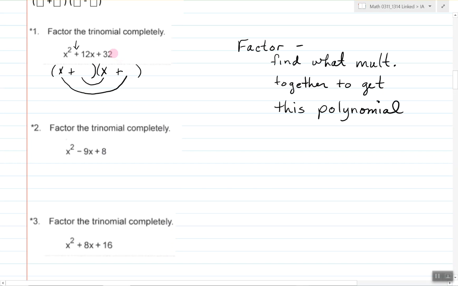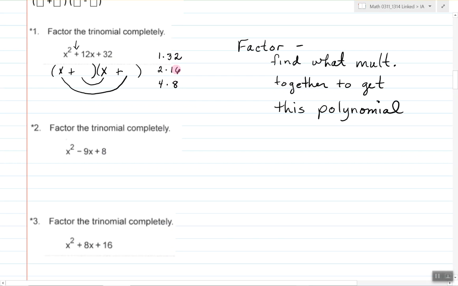So I'm looking for two numbers, and they must satisfy two conditions. First of all, they have to multiply together to give me 32. That means that it could be 1 times 32, it could be 2 goes in there 16 times, 3 does not go into 32, 4 goes in there 8 times, and I think those are all the factors.